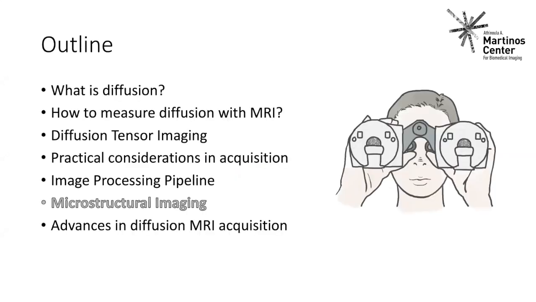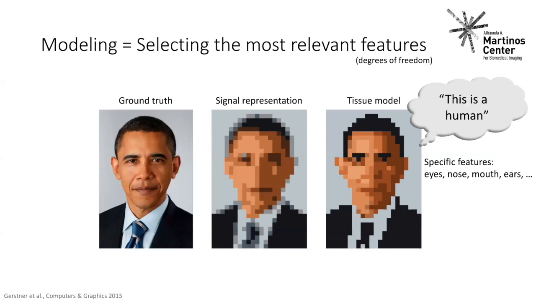And then I will spend just a little bit of time to talk about microstructure imaging and advances in diffusion MRI acquisition. So modeling is to select the most relevant features. And features means the degrees of freedom. So the left picture is the ground truth, and the single picture is just the interpolation.